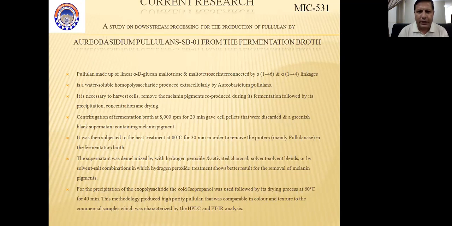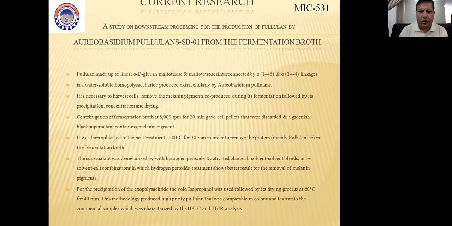It was then subjected to heat treatment at 80 degrees C for 30 minutes in order to remove the protein, mainly pullulanase. These are enzymes which can convert pullulan into another product in the fermentation broth.